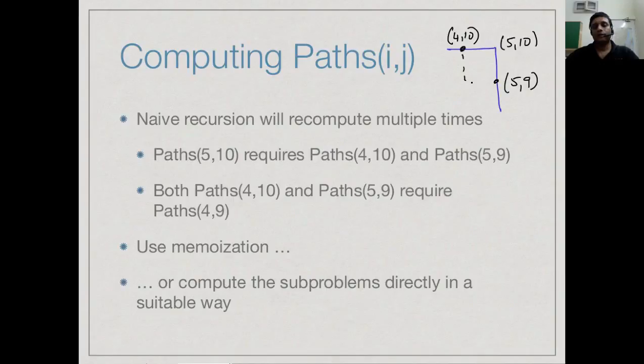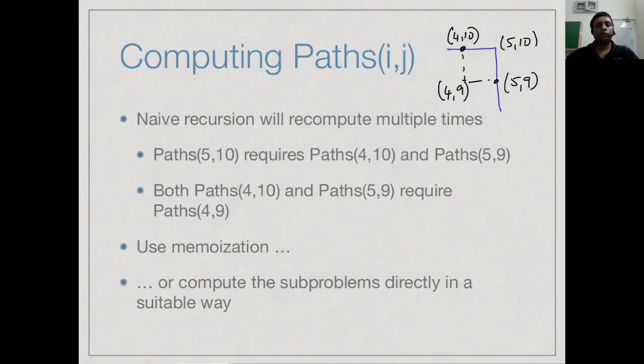Now these in turn will both ask for 4,9. So if I just evaluate this paths function recursively the way it is written in the inductive definition, it will end up calling paths of 4,9 at least twice from this perspective, and this wasteful recomputation will occur throughout and we will get an exponential number of calls to paths.